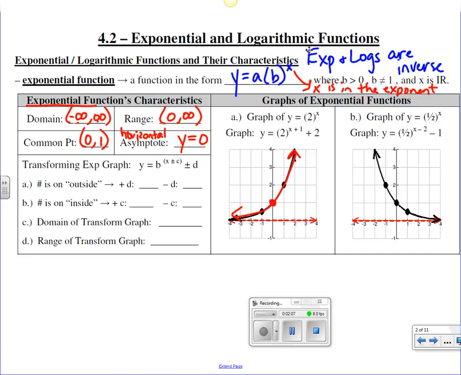Now, just like we learned yesterday, if you add a number to the outside, it makes it go up. If you subtract a number on the outside, it makes it go down. If you add a number on the inside, it makes it go left. And if you subtract a number on the inside, it makes it go right. So inside is opposite of what you would think.